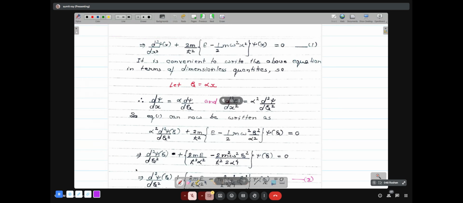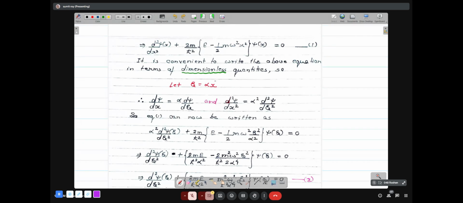Now, see this line. It is convenient to write the above equation in terms of dimensionless quantities. So this zeta is dimensionless, so alpha must have the unit of 1 by length. That will make zeta a unitless quantity. So alpha has the dimensions of inverse of length.